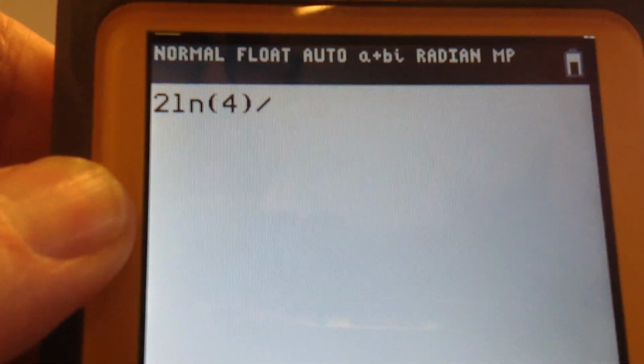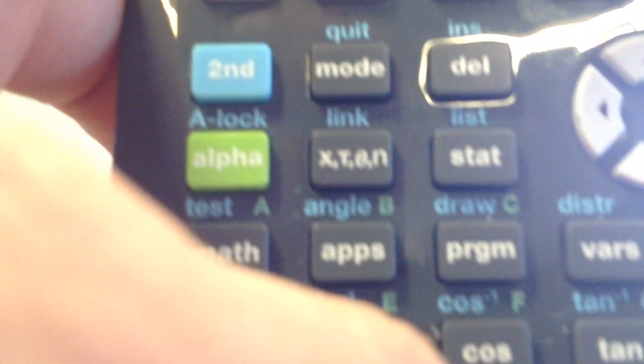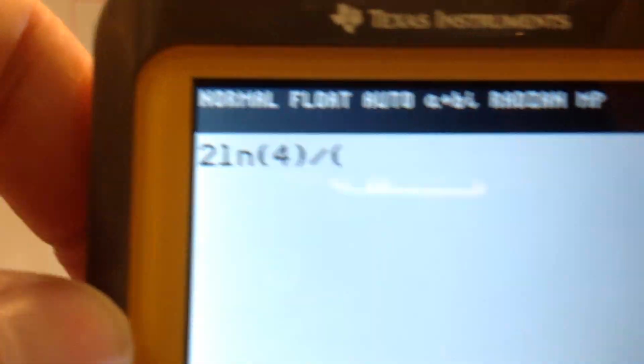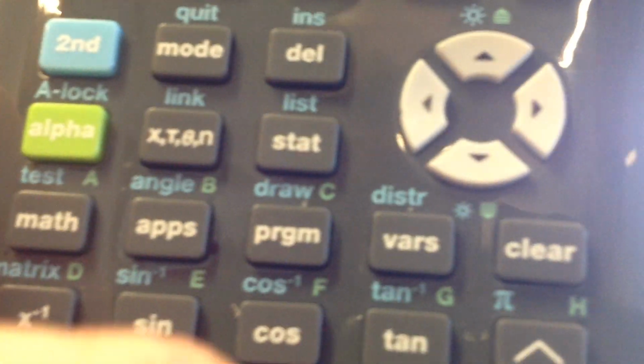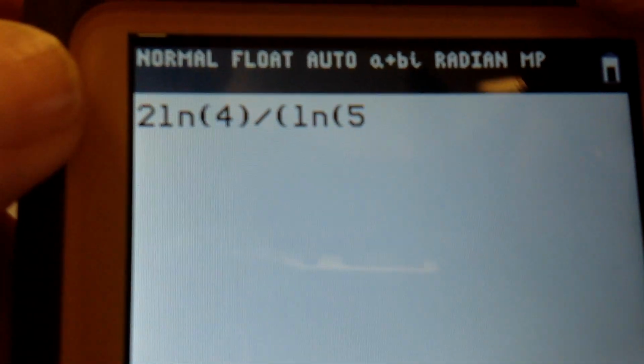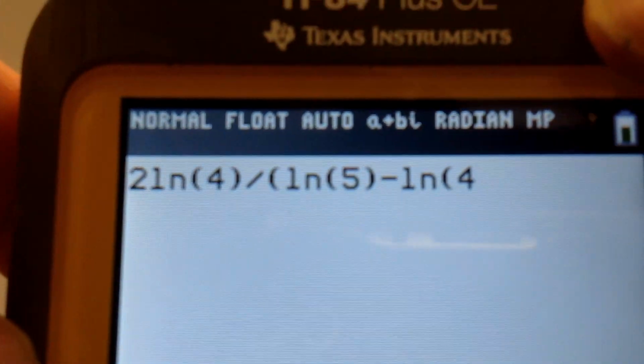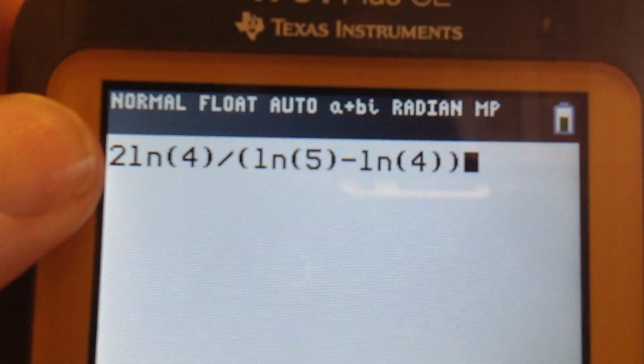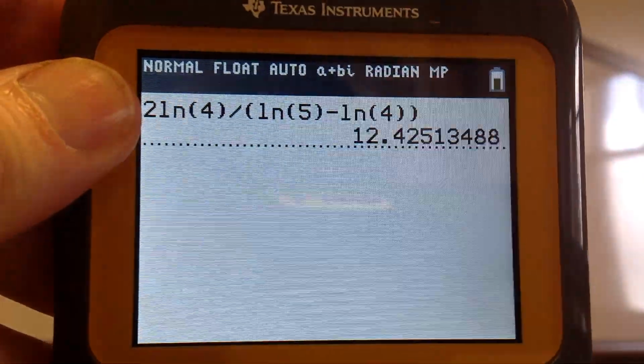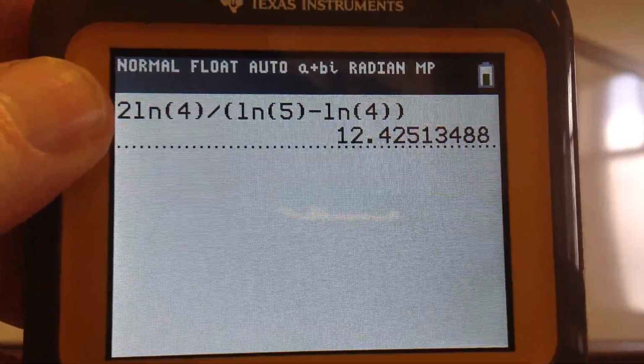We need a parentheses for this denominator, so let's open a parentheses right there. Now we'll type in ln 5, close that parentheses, minus ln 4, close that parentheses, and now we need to close the parentheses for the denominator. So there it all is, and there's our 12.425.